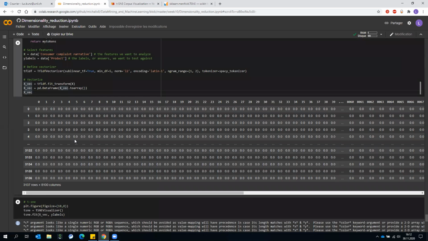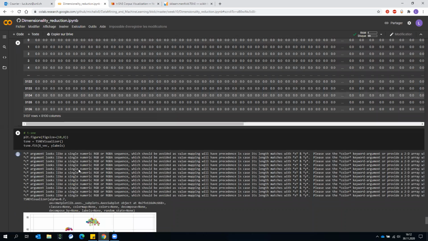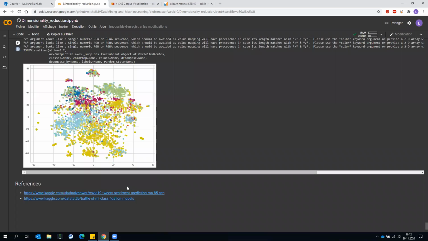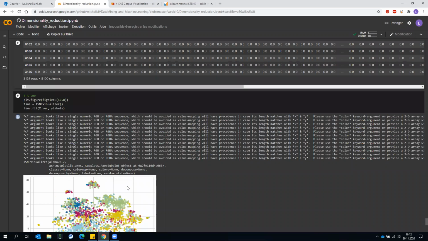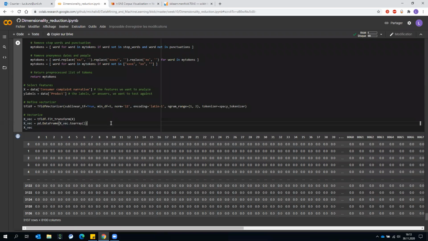Maybe going from 8,000 to only 2 dimensions is too much. So in this case, it doesn't work so well. But we can see some clusters a bit in this case.